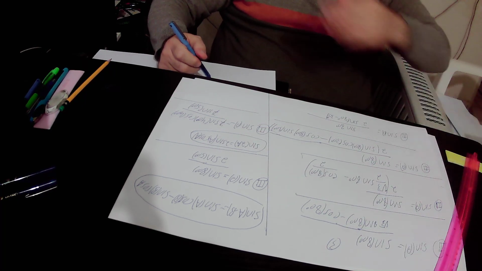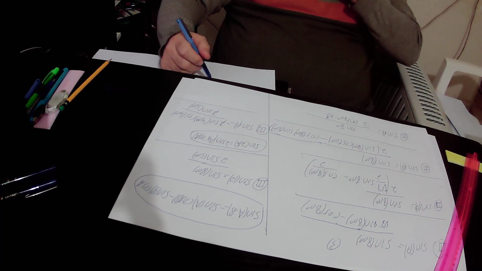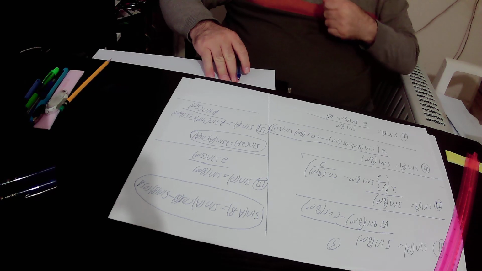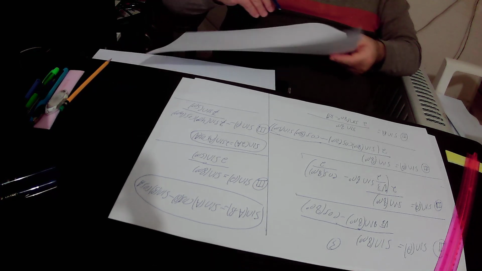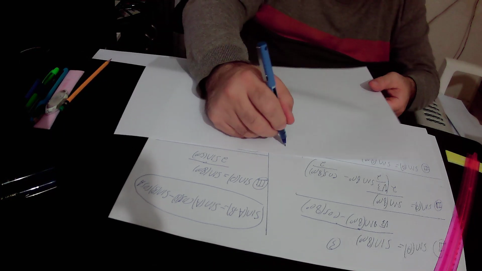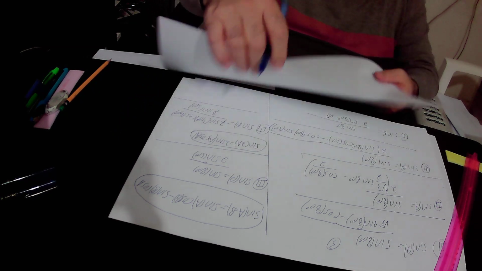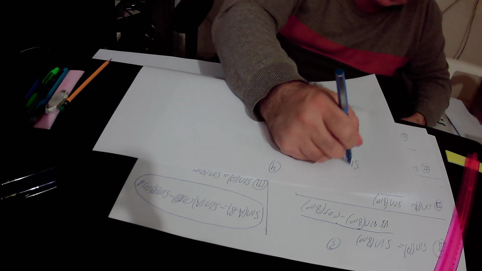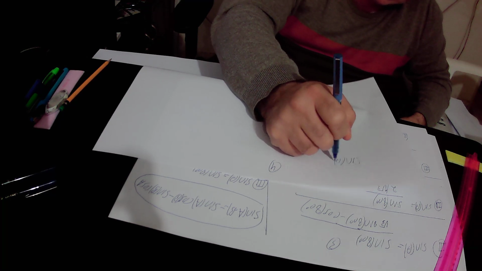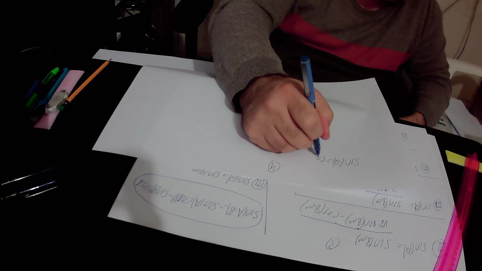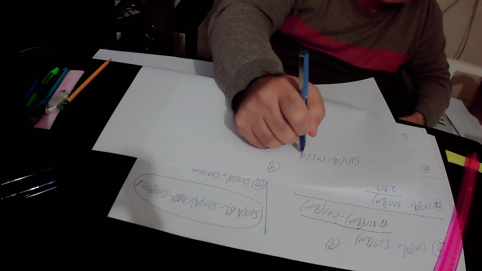And we also have the trigonometric identity that states that sine theta equals cosine 90 degrees minus theta.